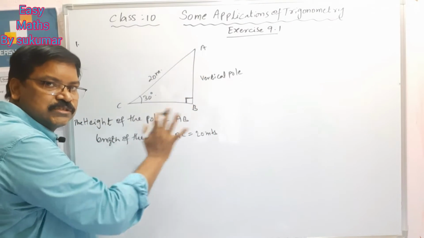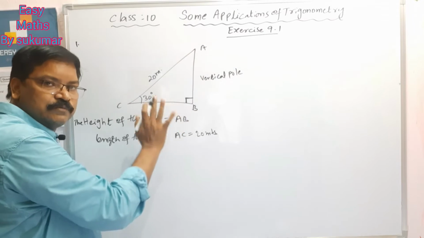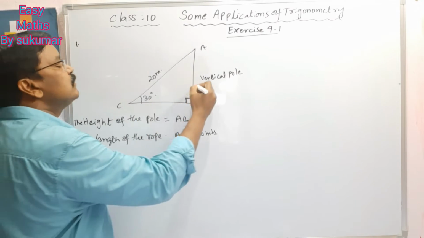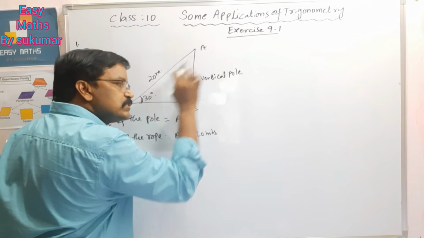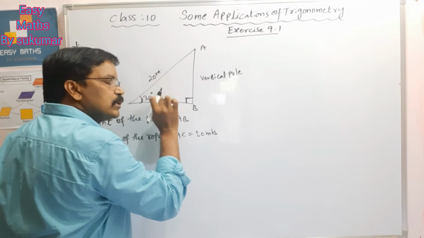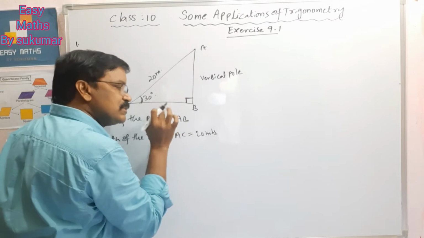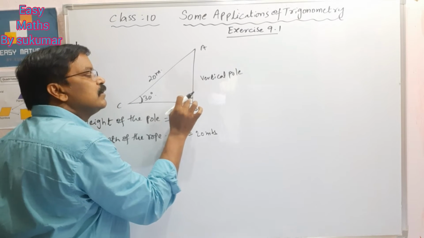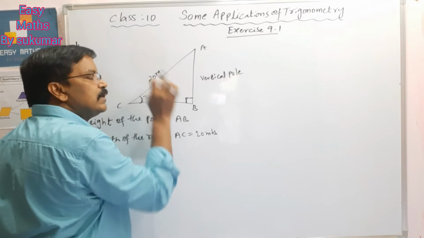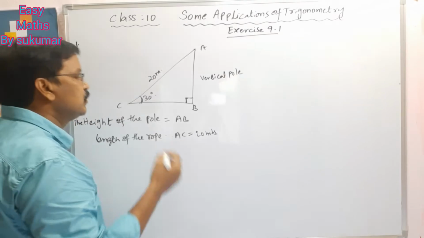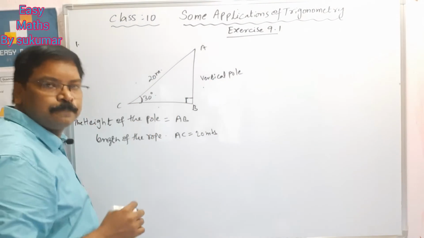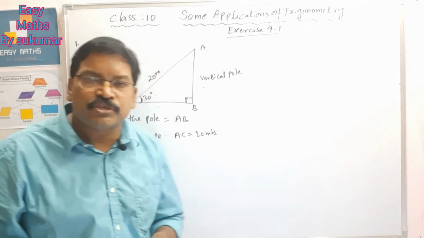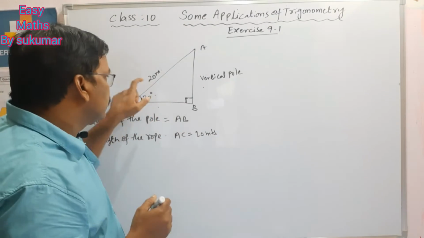Here, my dear students, did you understand this question and diagram? Right. See, this is the acute angle, and the side opposite to this acute angle is the opposite side. This is the adjacent side, and the side opposite to the right angle is called hypotenuse. Which trigonometric ratio should we use here?